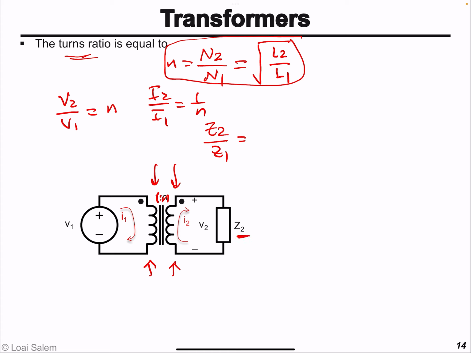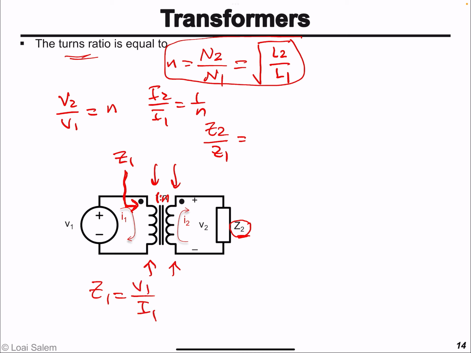What is Z1? Z1 is basically the equivalent impedance seen looking through the primary side of the transformer. What is the equivalent impedance of Z2 as we see it from the primary side? Because at the end of the day, Z1 is equal to the ratio between V1 divided by I1.